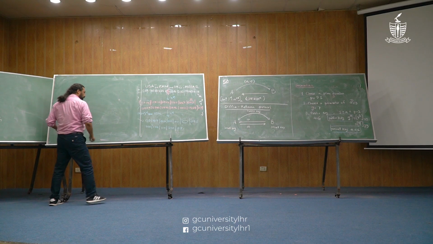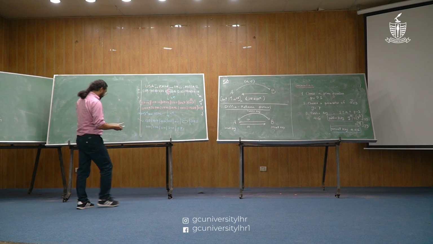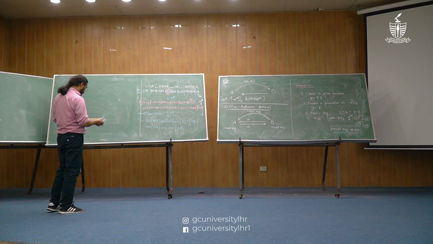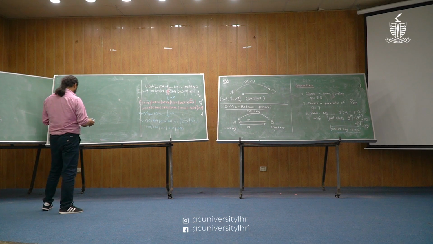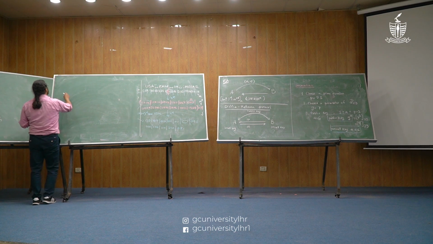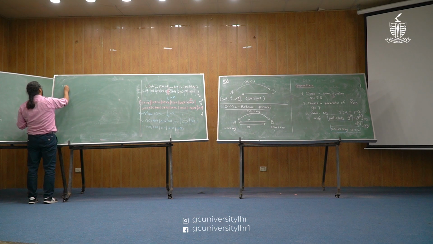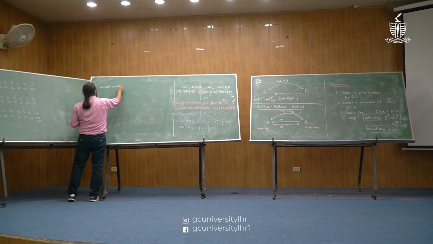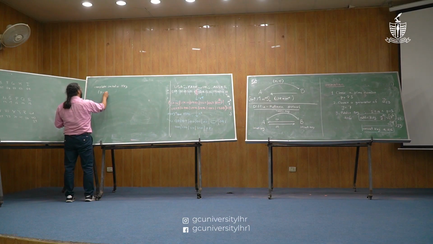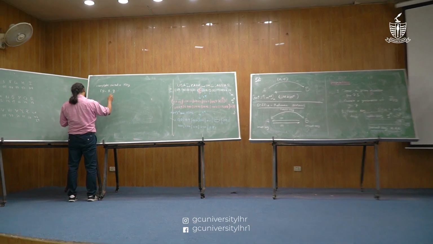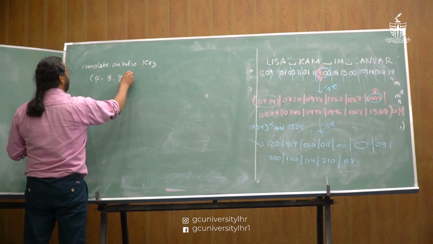Okay, so what do we have now? We have the public key of Alice, so the complete public key: the prime number and the generator.